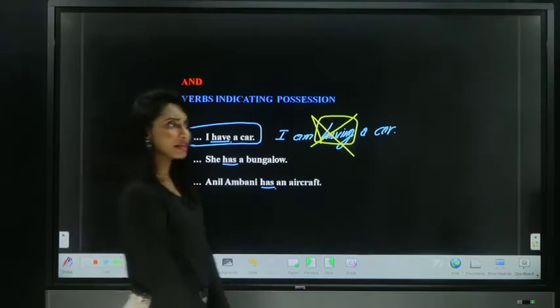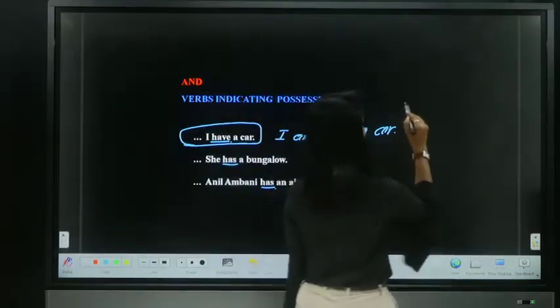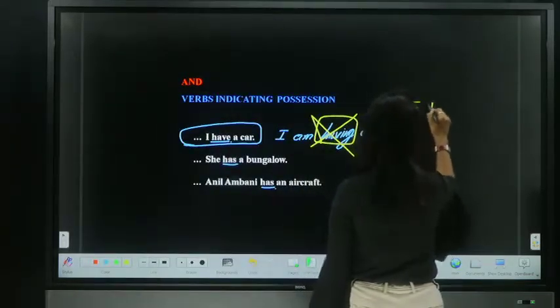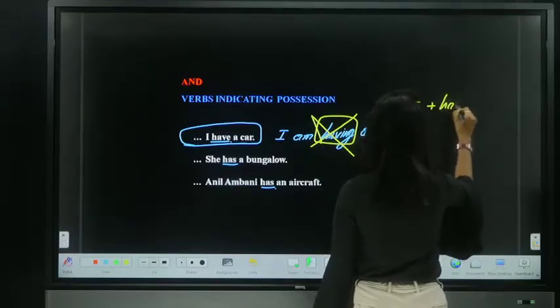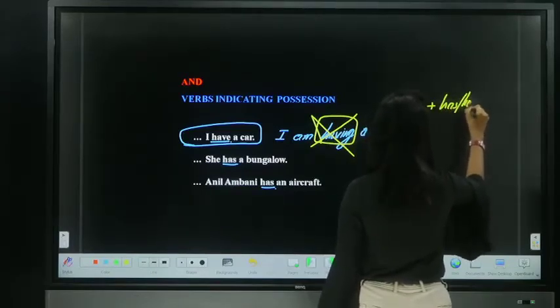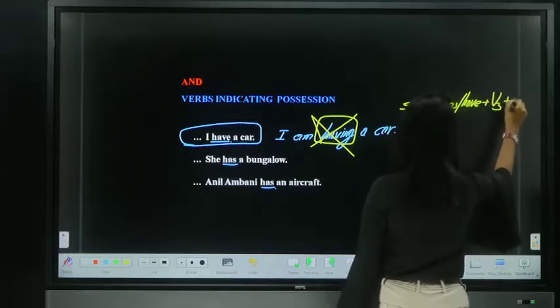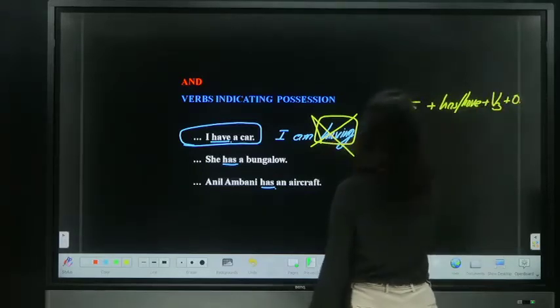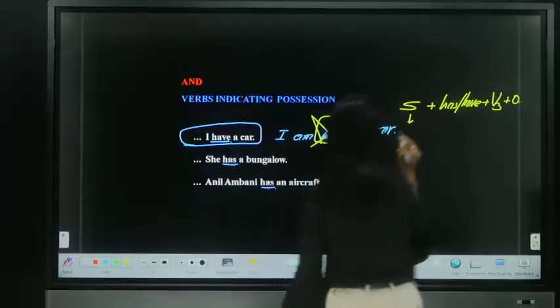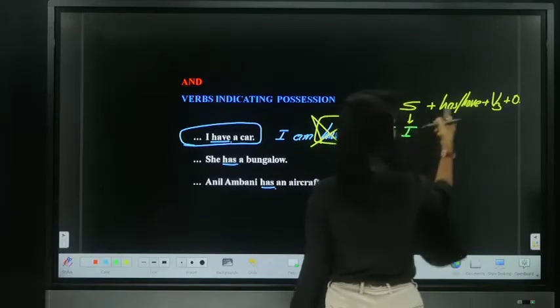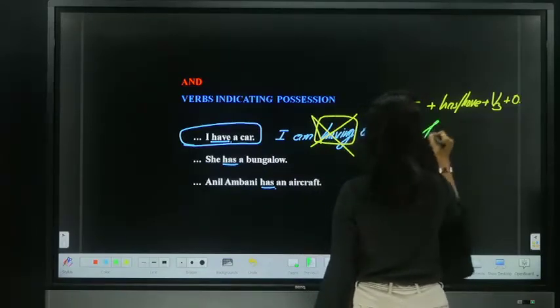Same. How can it be same? We require subject plus has or have plus V3 plus object. Now what is the subject? I, right? So the subject is I. I takes have.